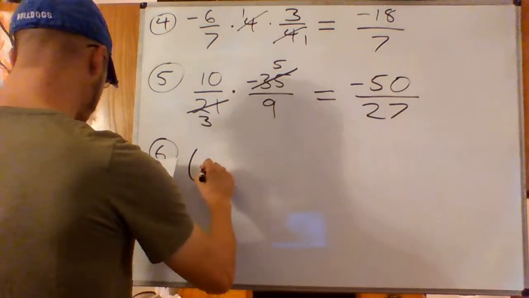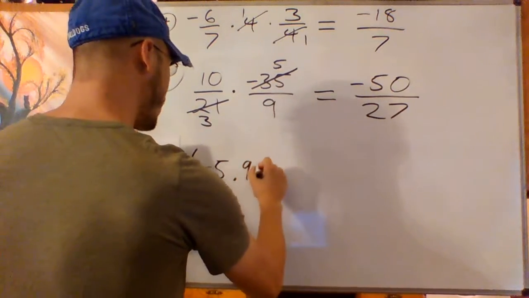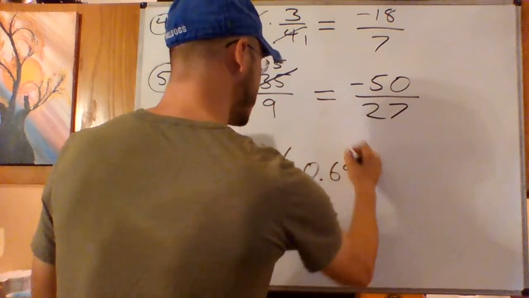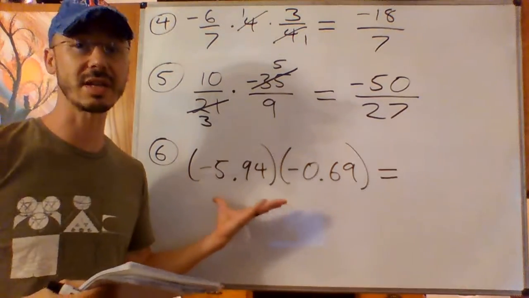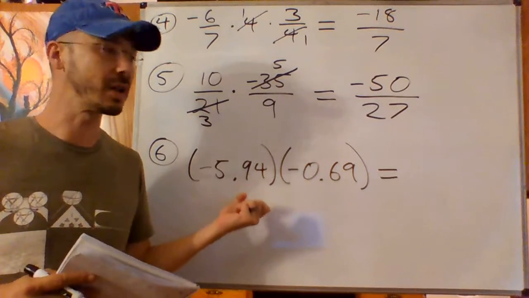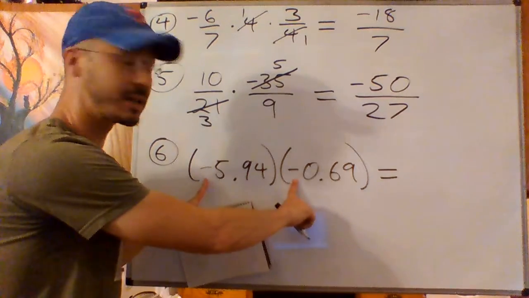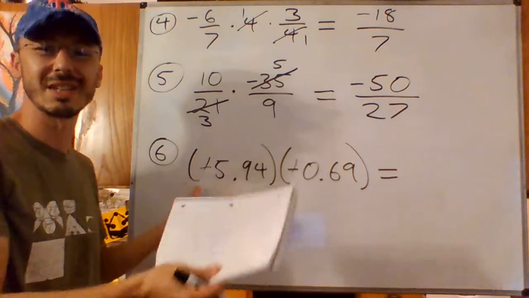For number 6, I got 2 decimals, negative 5.94 times negative 0.69. And you can type it into the calculator just like that, but you can save yourself a little bit of time if you notice that we're multiplying a negative times a negative. So those negatives are going to cancel, and you don't need to type that each time.